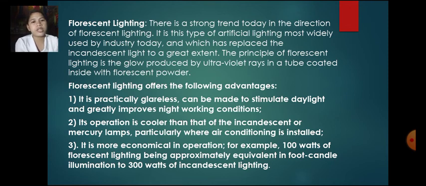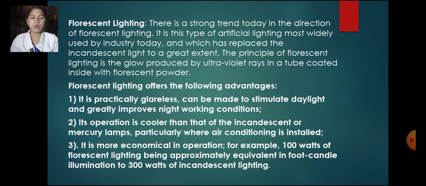First, it is practically glareless, can be made to simulate daylight, and greatly improves night working conditions. Second, its operation is cooler than that of the incandescent or mercury lamps, particularly where air conditioning is installed. And third, it is more economical in operation.